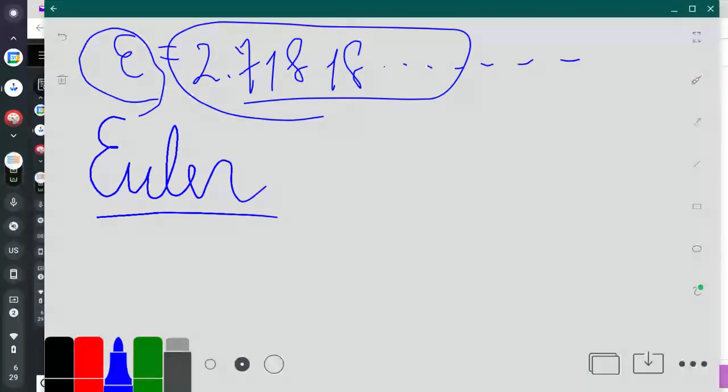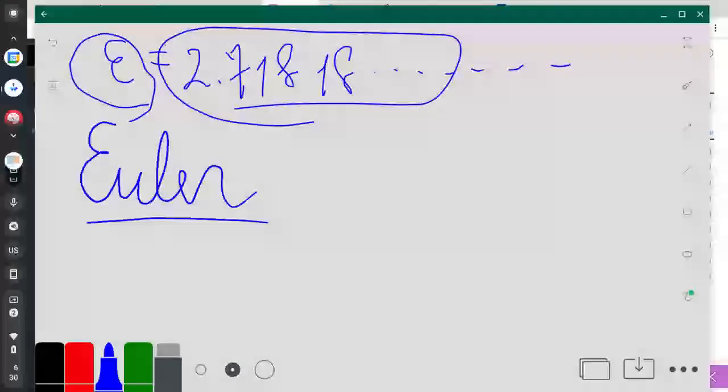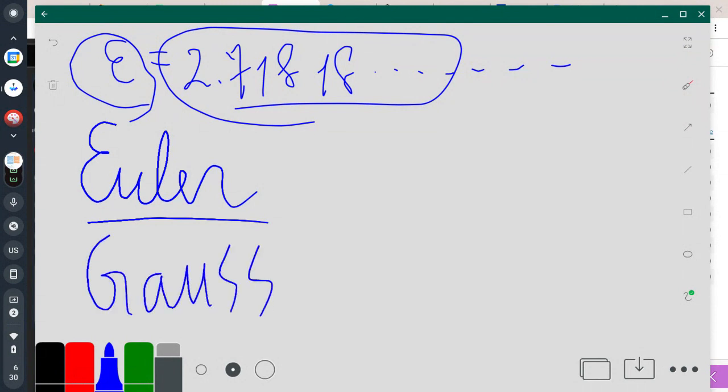And actually, there are two very important German mathematicians that contributed so much to modern mathematics. The other one is Gauss. So you might think all great mathematicians are German. No, in the ancient world, great mathematicians were all Greek or Egyptian. And then in the Middle Ages, before the Renaissance, a lot of them were Arabic mathematicians.